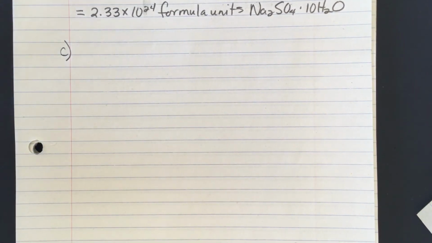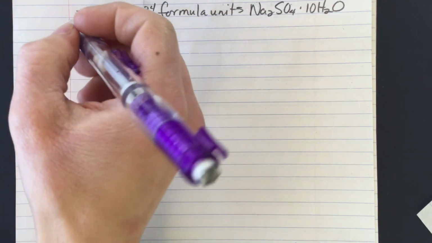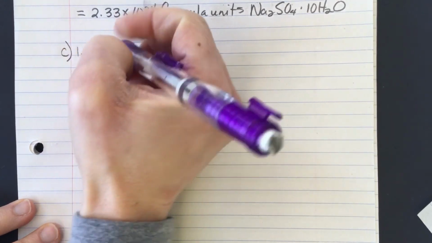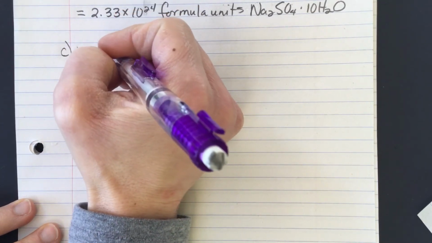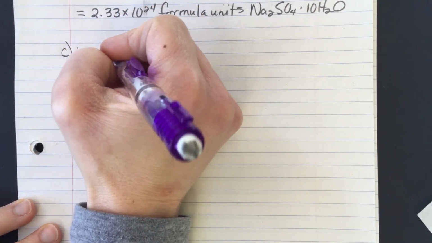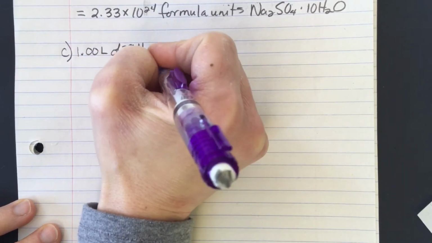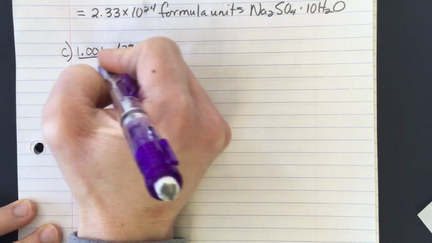So we start out with the fact that we have 1 liter of hydrogen peroxide of 3%.